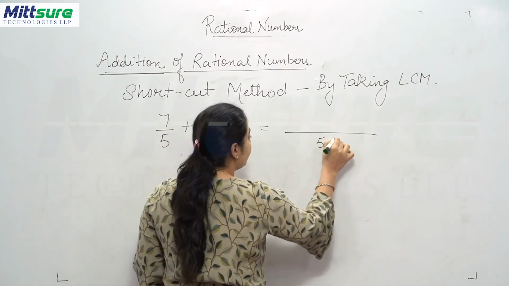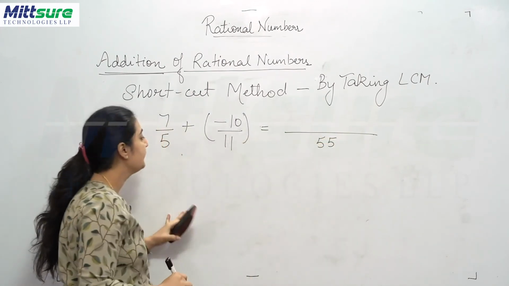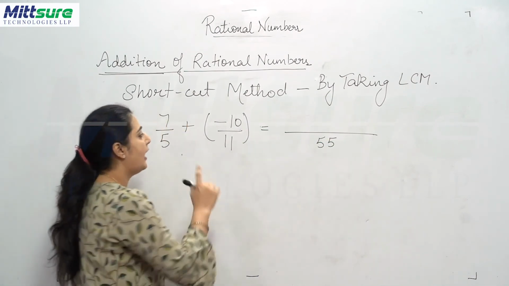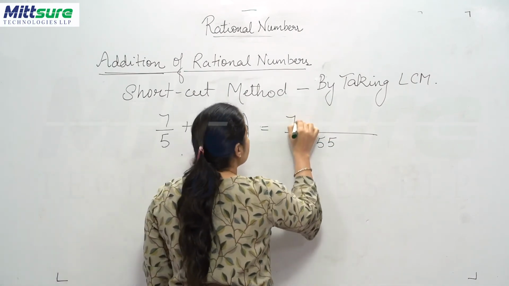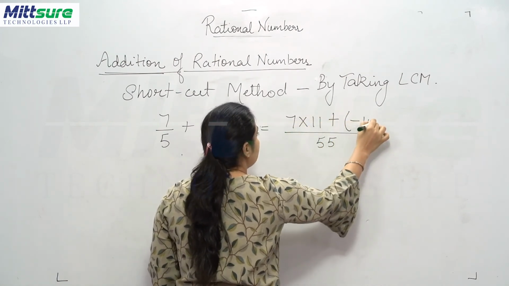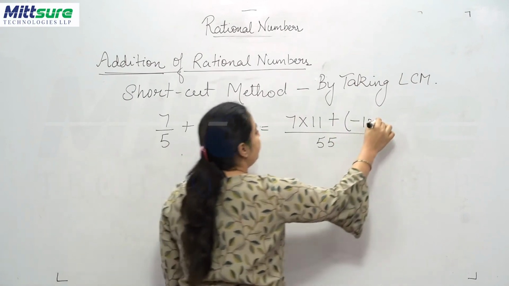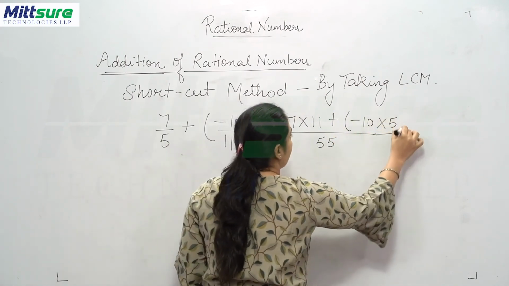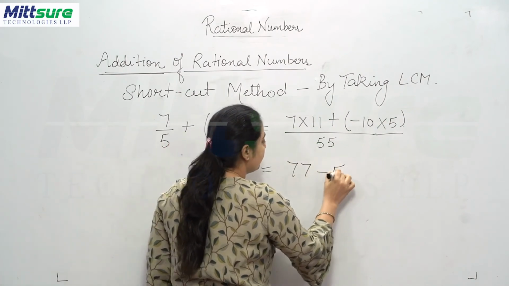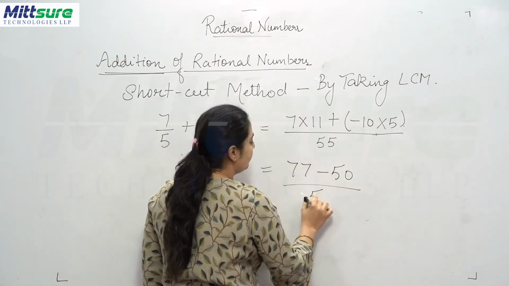It comes to be 55. Clear? Now when I divide 55 by 5, I get 11. So 7 into 11 plus minus 10 into 5. Clear? So 77 minus 50 upon 55.